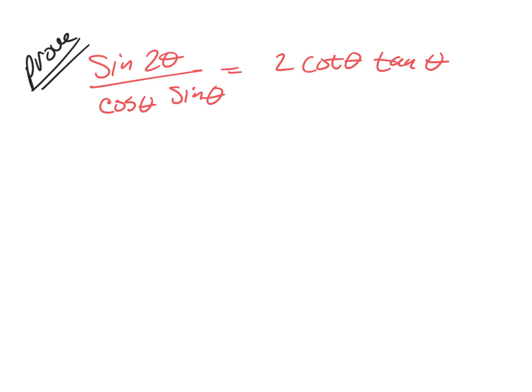Okay, so that's what I've gotten so far. You go through the theta. I realized that 2 cotangent times tangent is this 2, right?